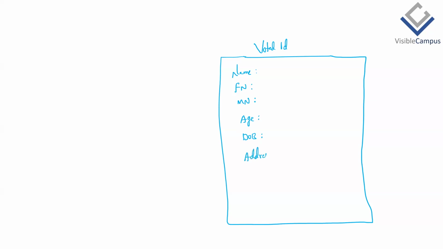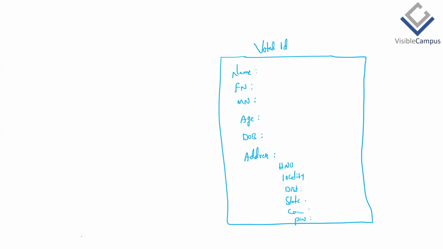When it comes to the address, we give our house number, then the locality, then the district, then the state, then the country, then the pin code. We need to give all this data to fill it. Am I correct?